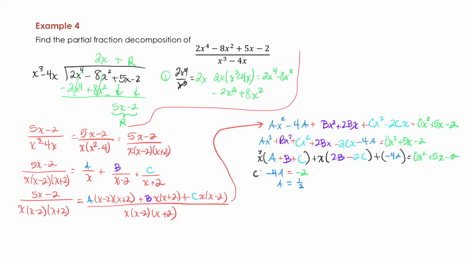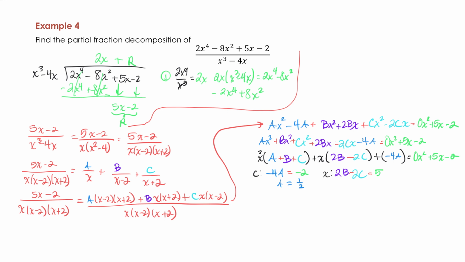Let's put together what's left. In terms of x's, we have 2b minus 2c, and it's going to equal 5.